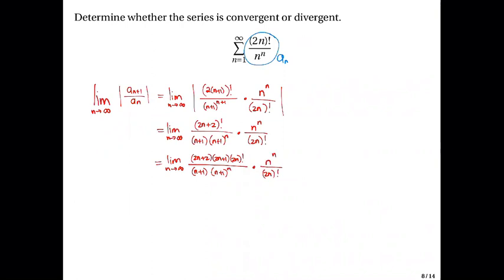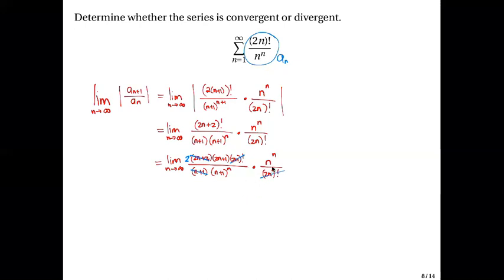So, ano yung mga magka-cancel? Itong 2n factorial, magka-cancel. And then this guy here, 2n plus 2, pwede mo i-factor si 2. So, makakancel si n plus 1 here. Correct? So, this guy here will cancel this, but you will be left with 2. Okay?